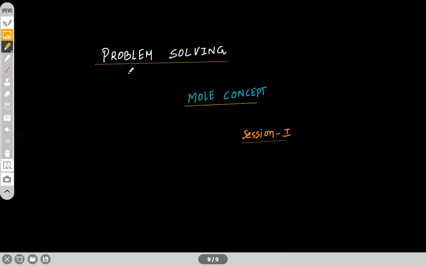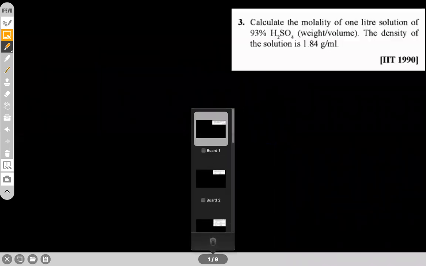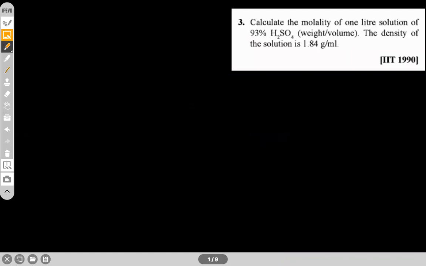So the first question you see: calculate the molality of 1 liter solution of 93% H2SO4, density of solution is given. First of all, in the question it is given H2SO4, and it is 93%, weight by volume.